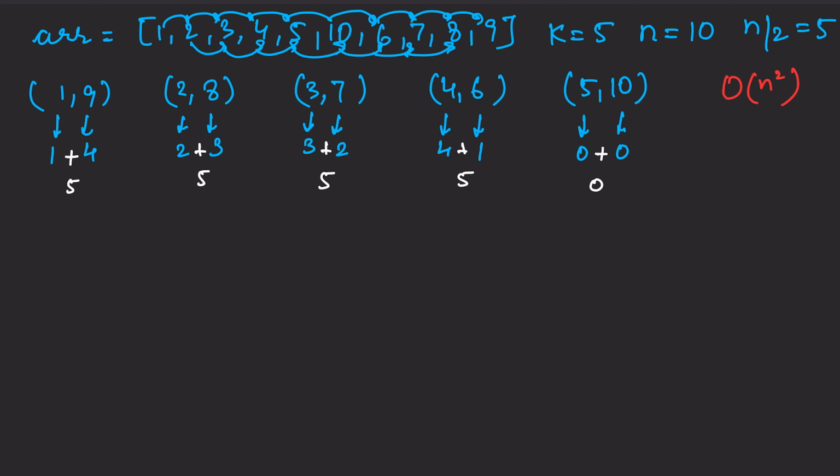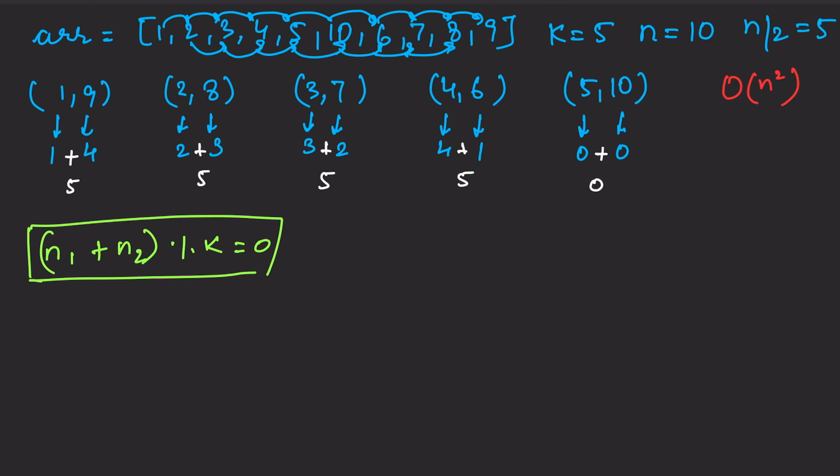So what do we understand by this? Whenever n1 plus n2 is divisible by k, this means that n1 mod k plus n2 mod k will be equal to k.